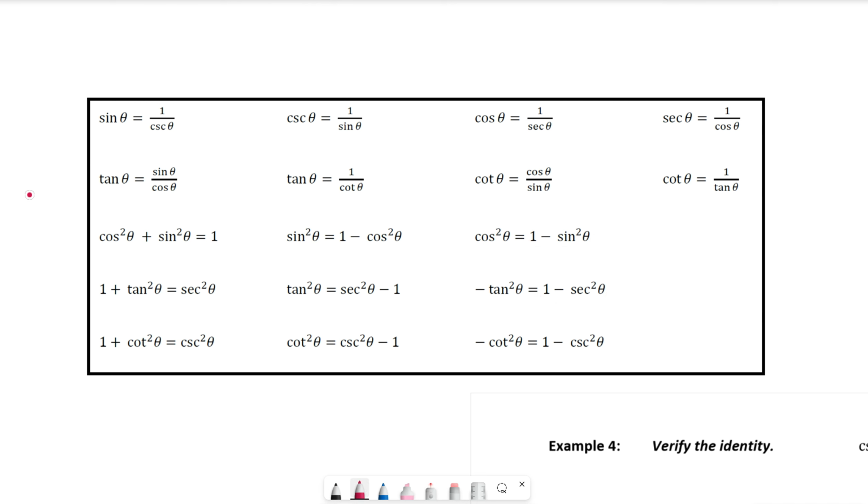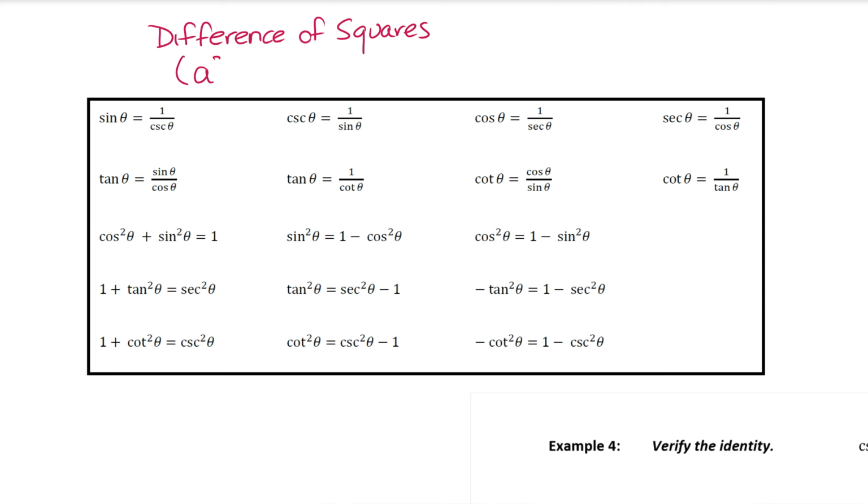And what's special about them is that they are all difference of squares. And if you recall, this was a special factoring form where you can have two numbers that are subtracting, difference of squares, that can be rewritten as a product of a minus b times a plus b.